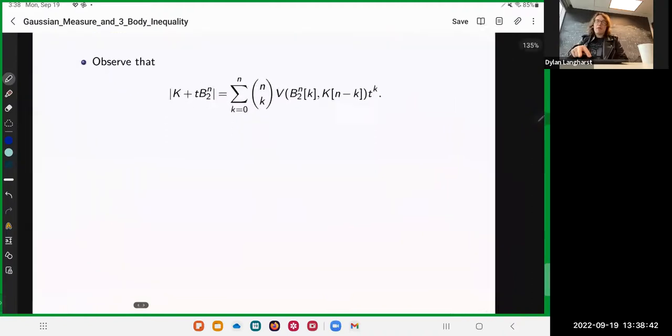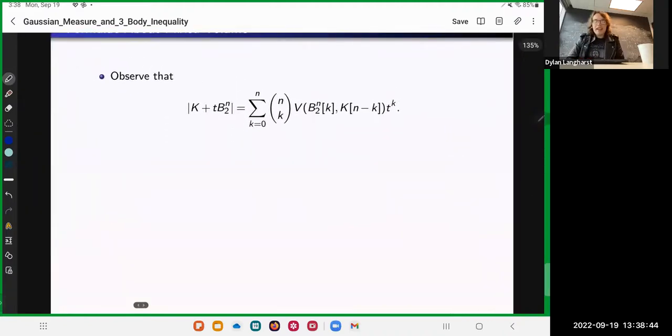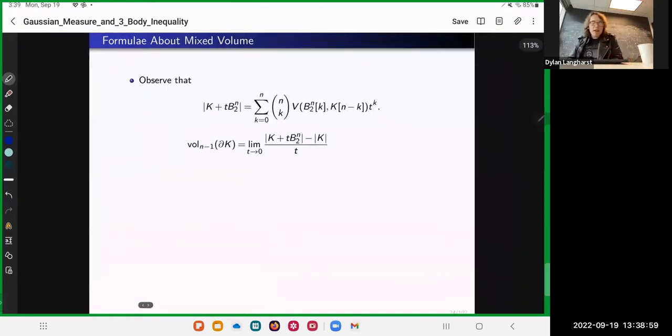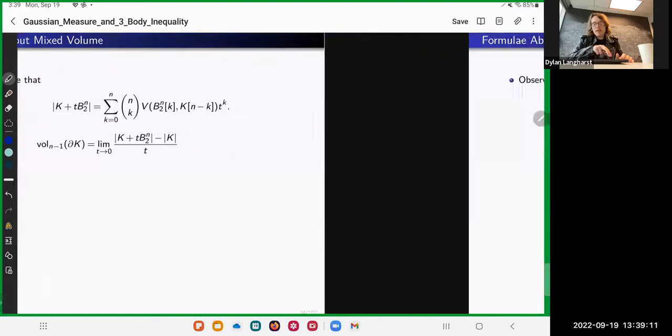As an example, what does it look like if I take K, dilate it with a ball, and then take the Steiner polynomial? Well, it looks like this. And there's something special about the second body being the Euclidean ball. It kind of looks like the binomial theorem. Now we recall on the previous slide, we only showed it in dimension 2, but the argument is essentially the same in higher dimensions, that the volume of the boundary of a convex body is this derivative.